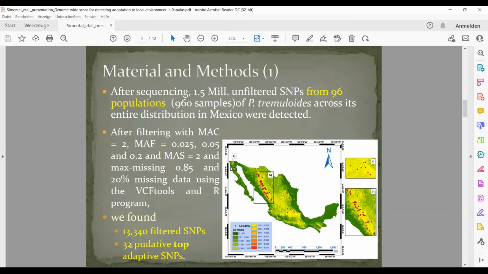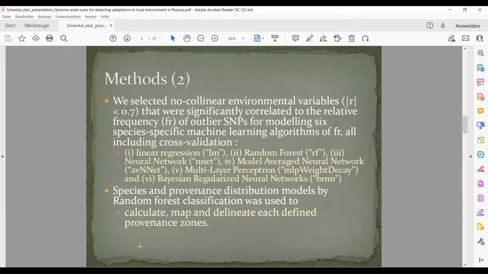We have many more adaptive SNPs, but 32 with very strong signals.